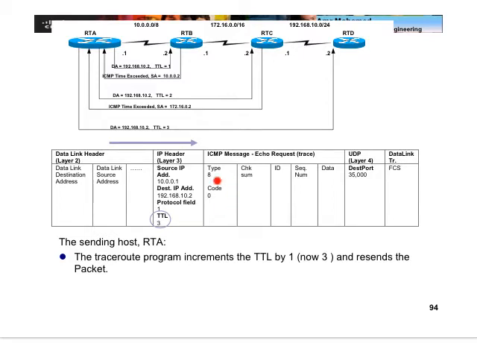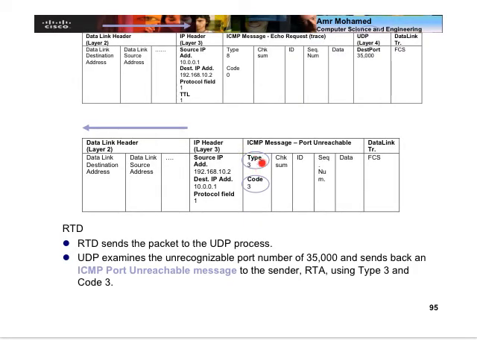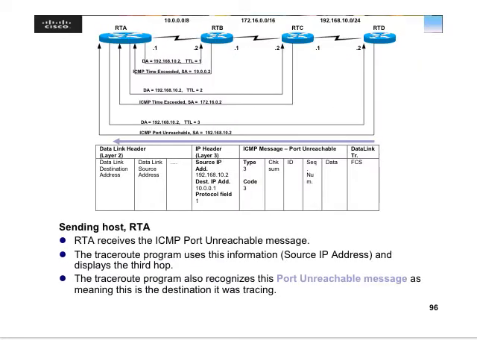And in that case, the code will indicate the error code, which in that case is port unreachable. I don't remember the number of the code for port unreachable. Okay, so in that case, type will be 3 and code will be 3 to indicate that port is unreachable. Okay, so that's how it is.